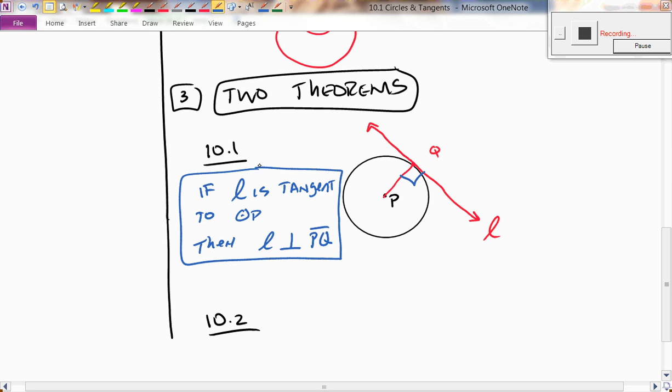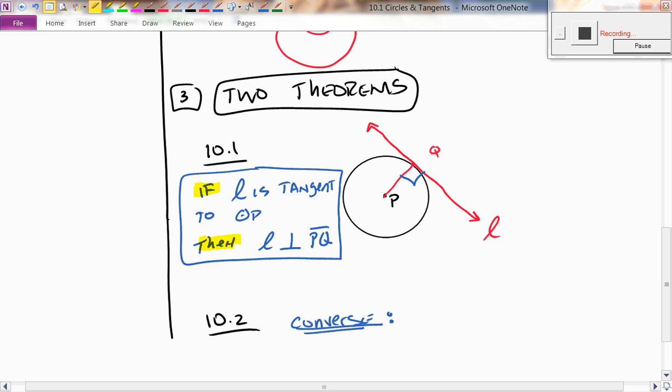If L is tangent to circle P, then L is perpendicular to PQ, which means that they meet at right angles. And theorem 10.2 is the converse. Okay, what is the converse to my if-then statement? Here's my if part. Here's my then part.